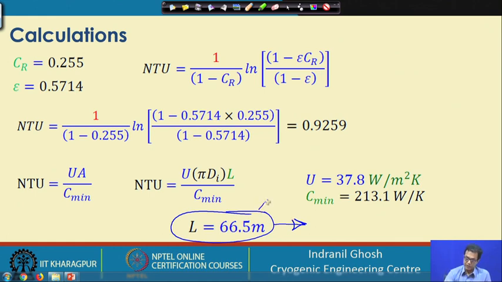Though it may appear impractical to have such long heat exchangers, this length is necessary if we have a coaxial tube-in-tube heat exchanger of given di and do. So, either of these techniques can be adopted for this problem.